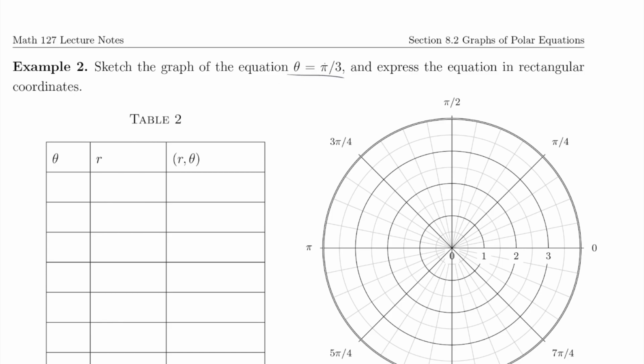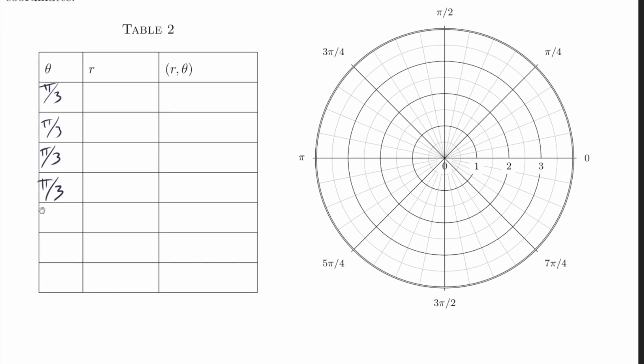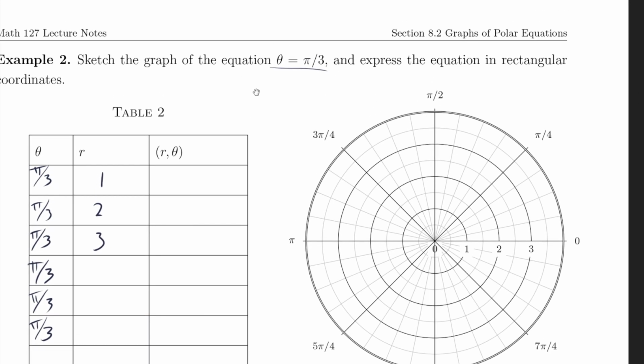Theta is equal to pi over 3. So in this case, theta is always equal to pi over 3. I'll go ahead and just do 6 points, I think that's plenty. Here r can be 1, 2, 3, because that still satisfies this equation.